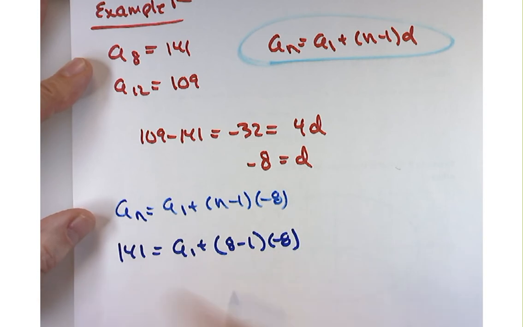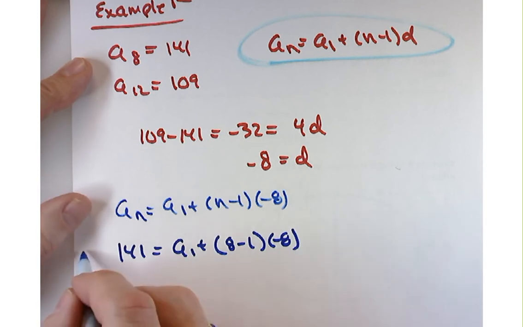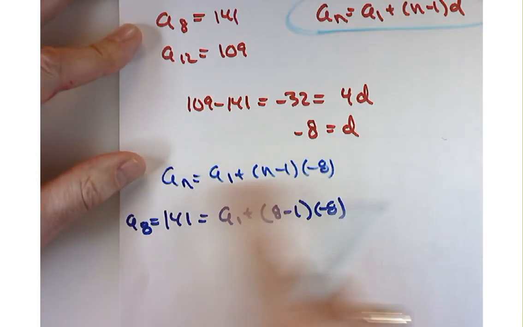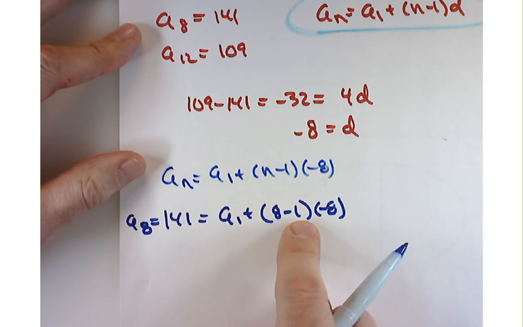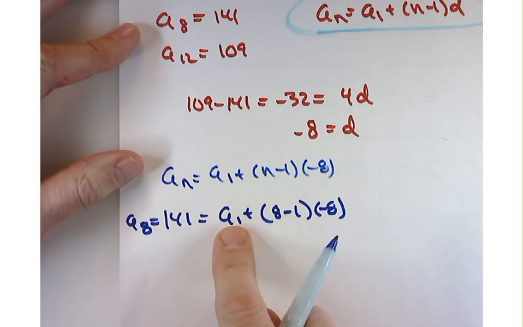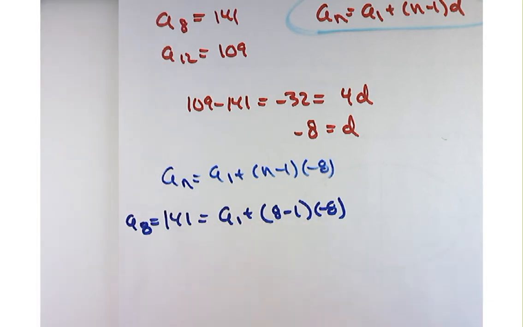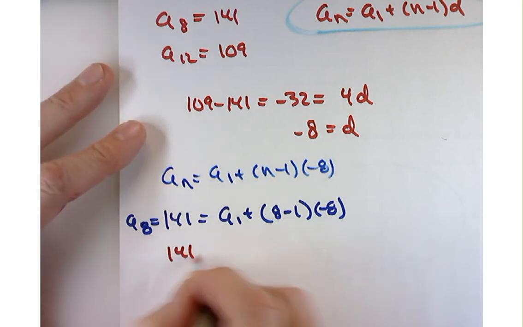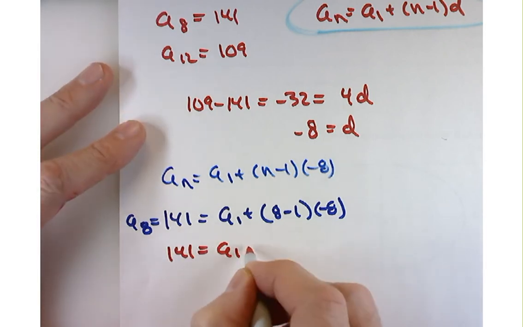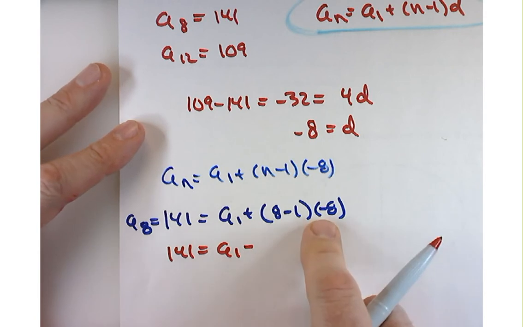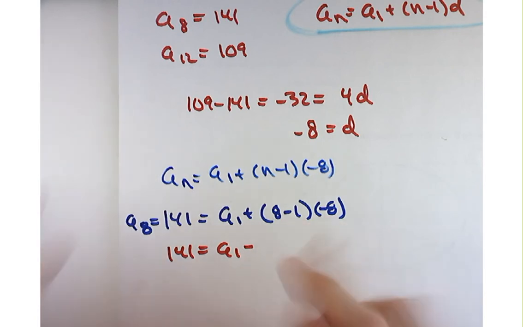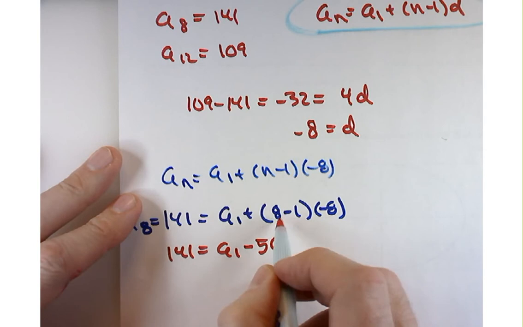Perfect. Keep in mind that this is really the 8th term. So if I plug in an 8 into this formula, that's really 7 times negative 8 plus a sub 1 equals 141. So 141 equals a sub 1 minus 56, because it's 7 times negative 8.